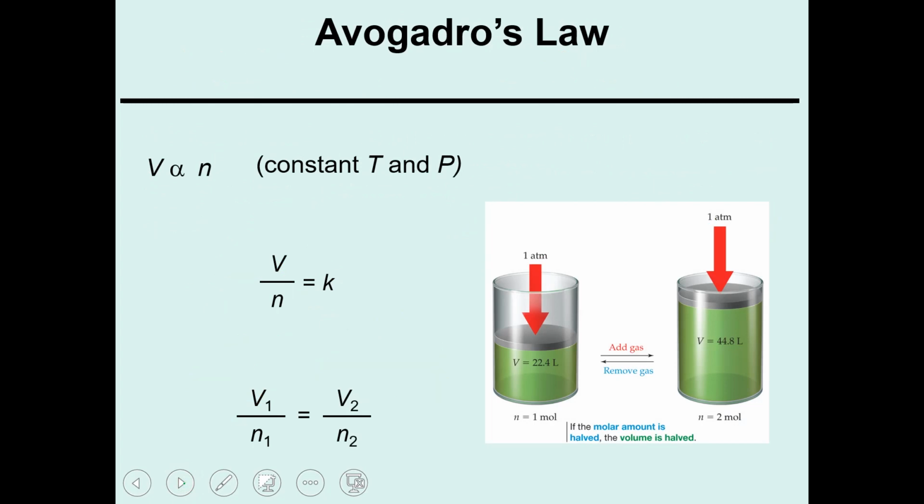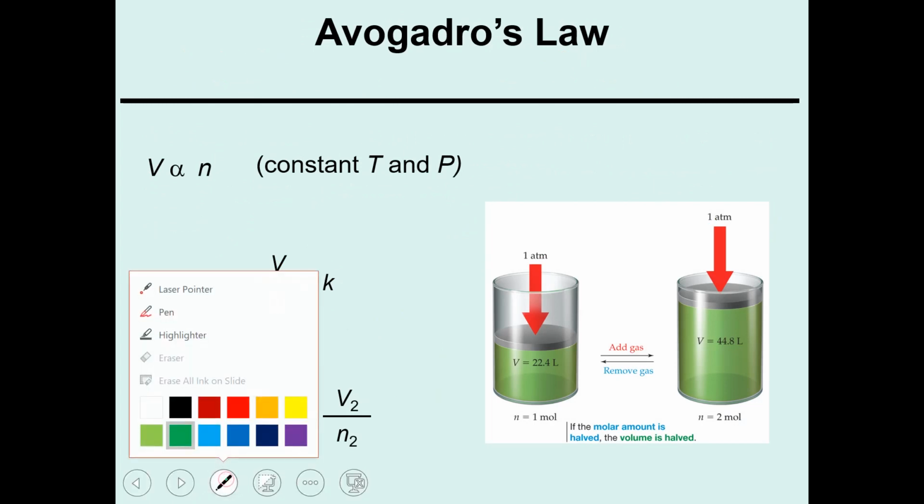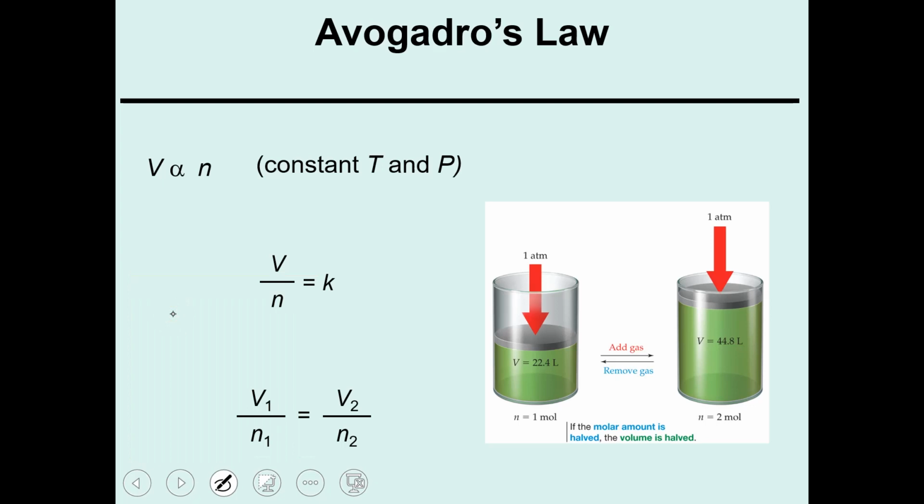So Avogadro's law is very similar to Charles's law in that there is a direct relationship. Avogadro's law looks at volume and number of moles, where we keep temperature and pressure constant.